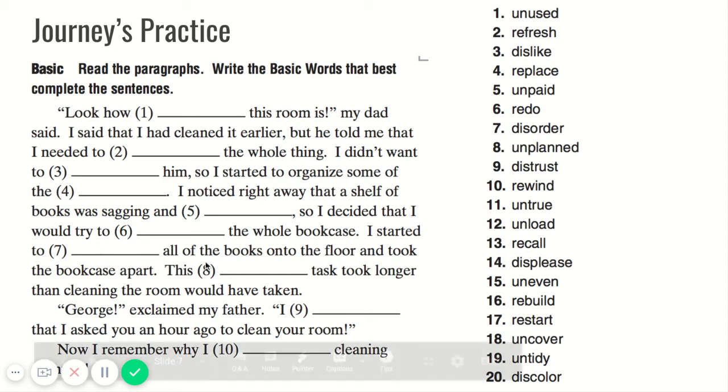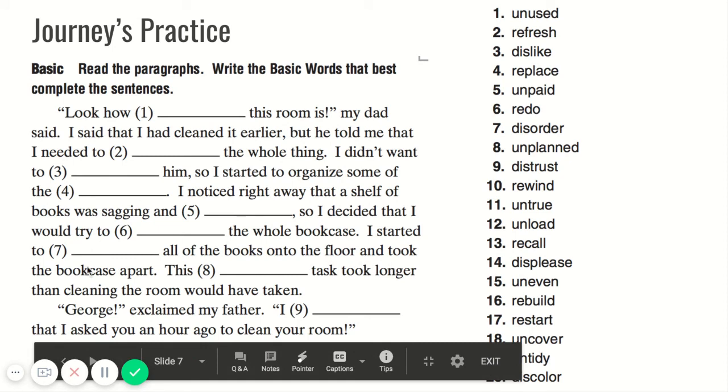I started to all of the books onto the floor and took the bookcase apart. This task took longer than cleaning the room would have taken. George, exclaimed my father, that I asked you an hour ago to clean your room. Now I remember why I cleaning. Okay.